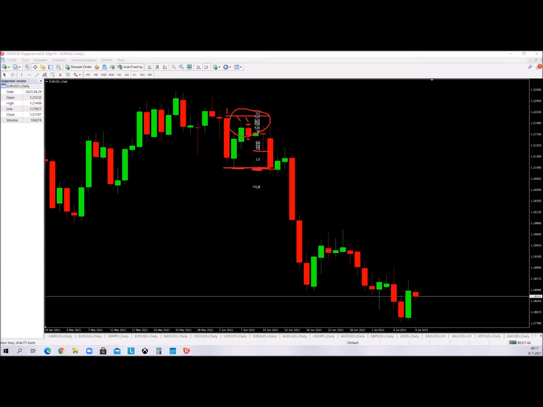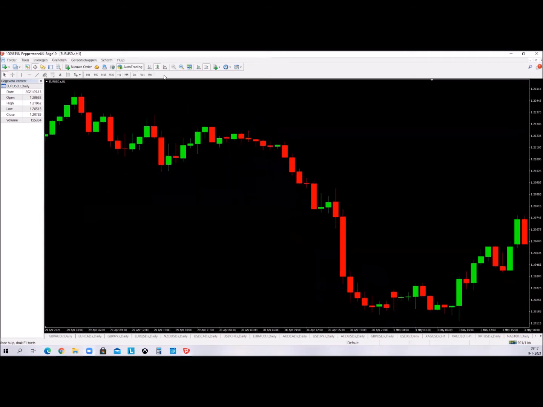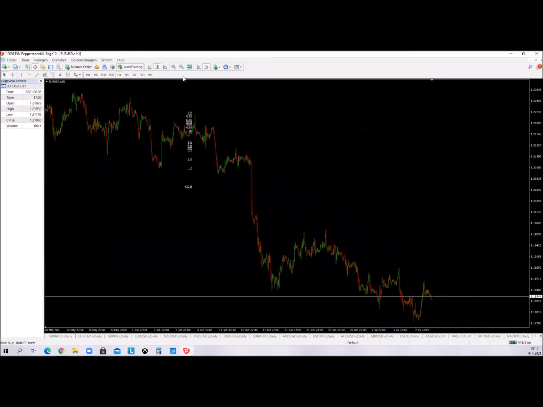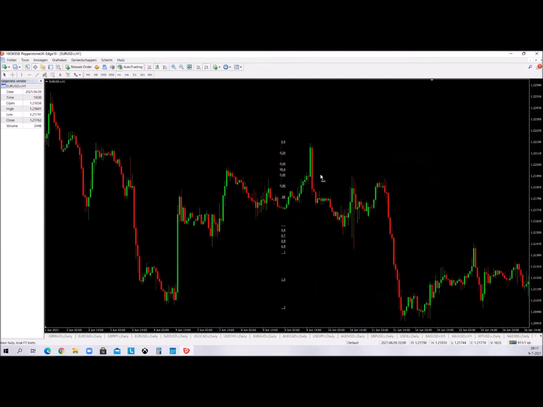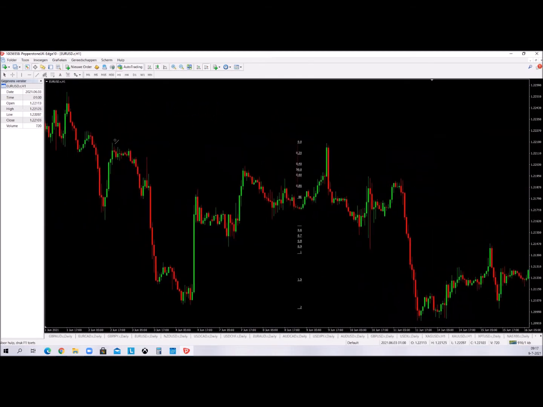Now, if we zoom into the hourly time frame on this particular day, and I know this is hindsight analysis, but I just want to show you a bit of the process I go through. There we go. This high got taken out on this particular day. I think it was over here. It also took out this high, and it took out this high.